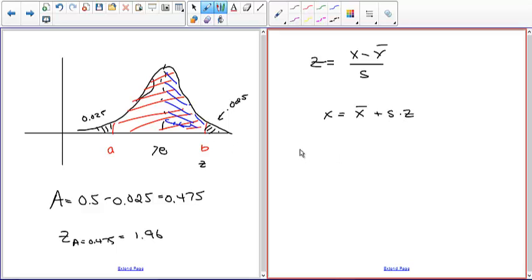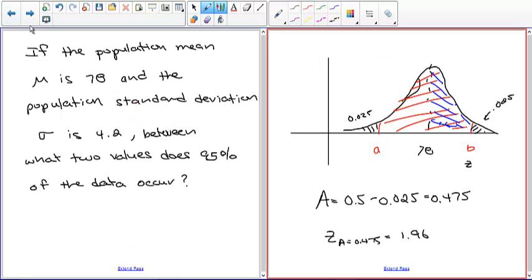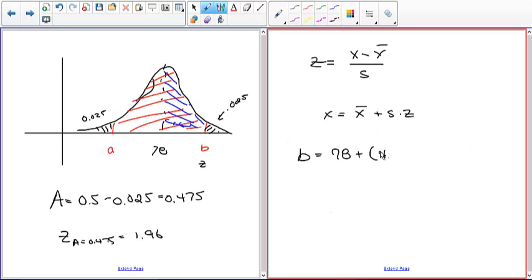So this b value is going to be equal to 78 plus the standard deviation, which was given in the problem as 4.2, times the z-score, which is 1.96, and the a value is 78 plus 4.2 times negative 1.96. So we take the negative z-score, and we get my calculator.